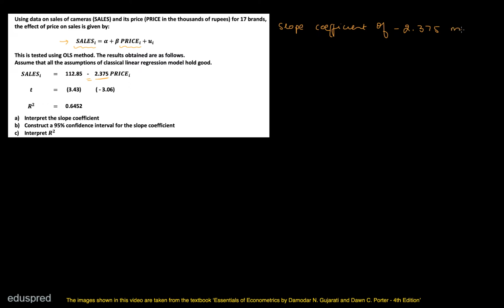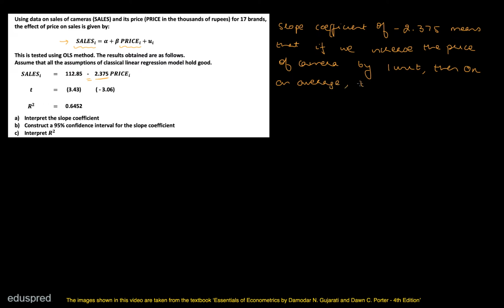So the slope coefficient of minus 2.375 means that if we increase the price of camera, that is the independent variable, by 1 unit, then on an average, the sales of camera, that is your dependent variable, would reduce by 2.375 units. Now see, this interpretation is not 100% complete right now.